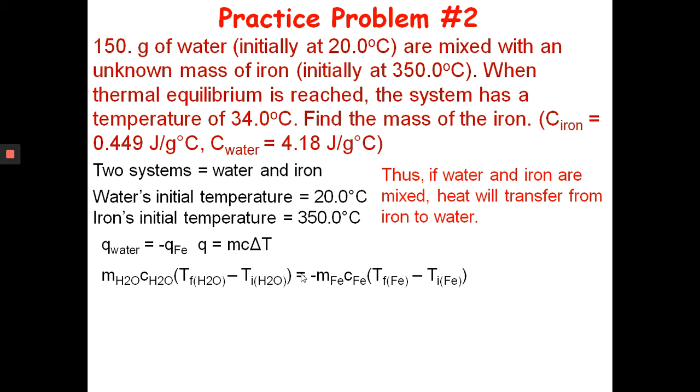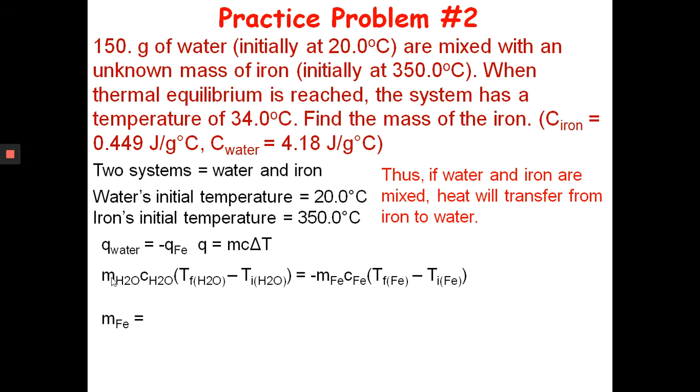That's equivalent to the m c delta T version for the iron. Remember, we have to include the minus for one side, and I'm going to just randomly put that onto the iron side: mass of the iron, specific heat capacity of the iron, and the final temperature of the iron minus initial temperature of the iron, which will give us a delta T.